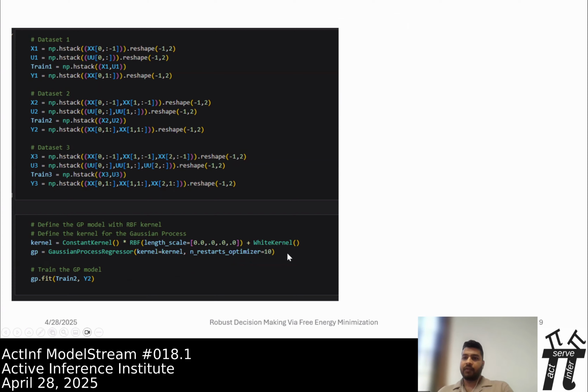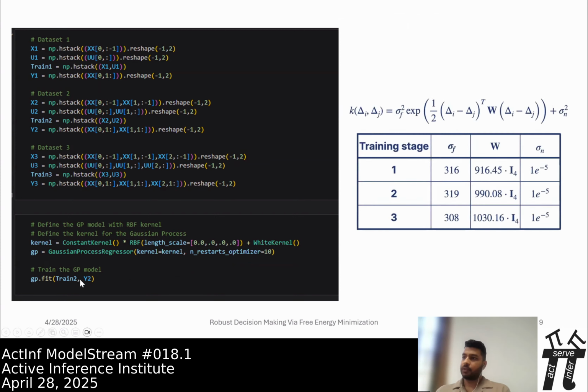Now, given this kernel function, we initialize the Gaussian process regressor, and we start the fitting, using the fit command. After training, what we obtain are the hyperparameters of these kernels.